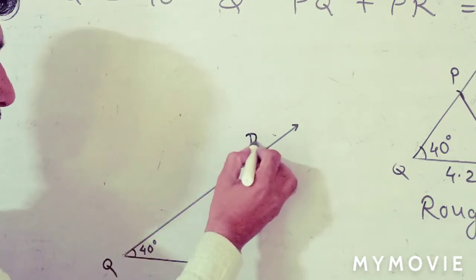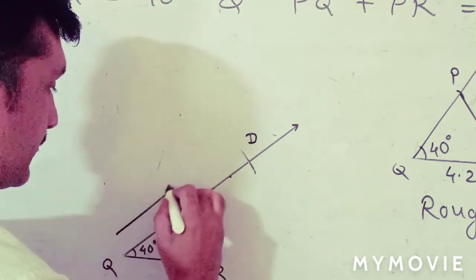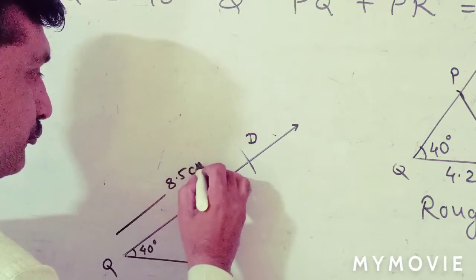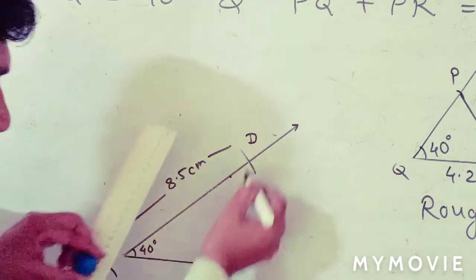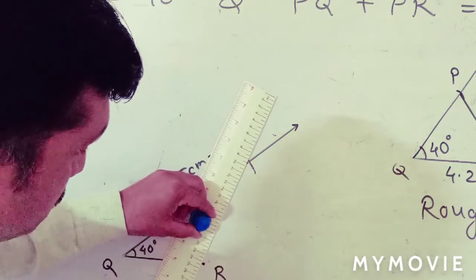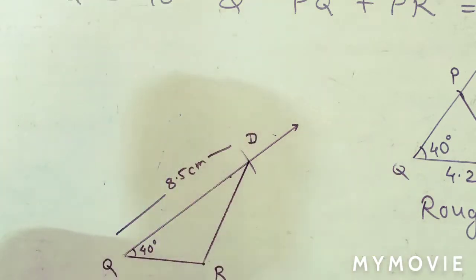I give it the name D, and this distance QD is 8.5 centimeters. After that, we got point D. In the figure, we now have to join points D and R. Join DR. DR is joined.